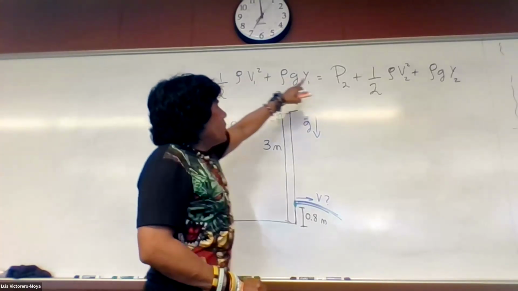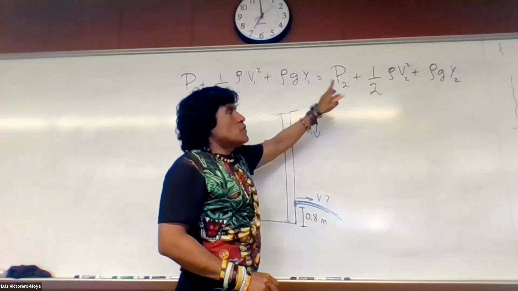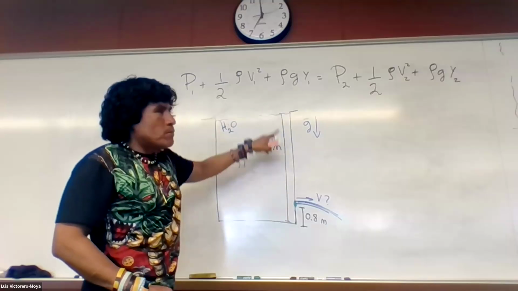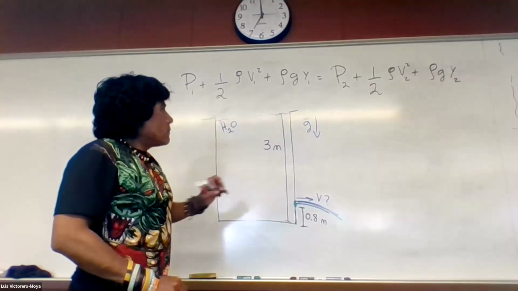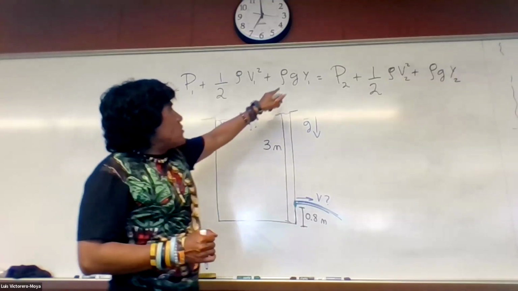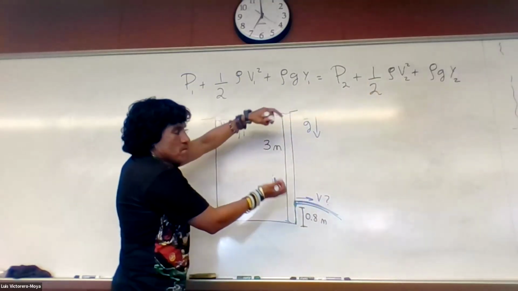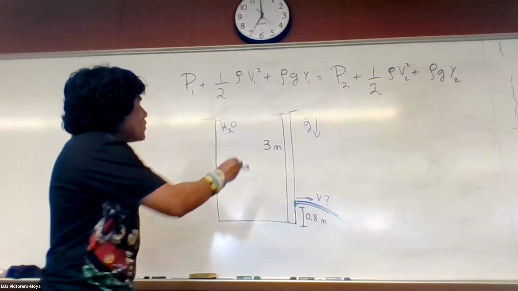So P1 and P2 are the same. There's no pressure difference because they both are at atmospheric pressure. However, there is a pressure difference due to this difference of height. And the water is not moving here.